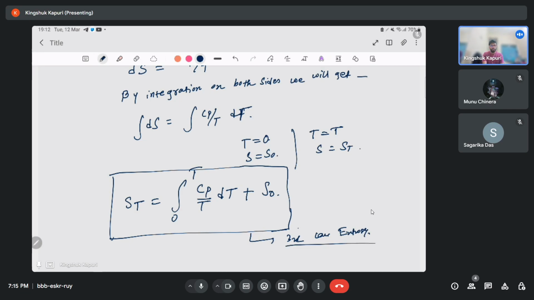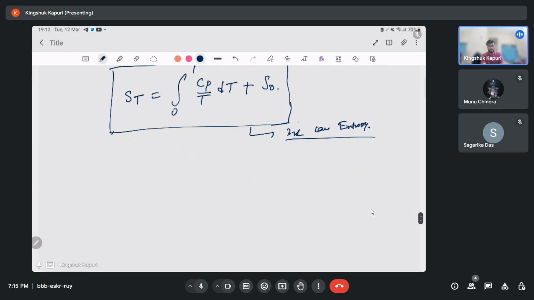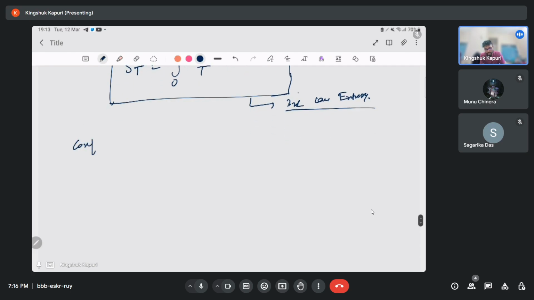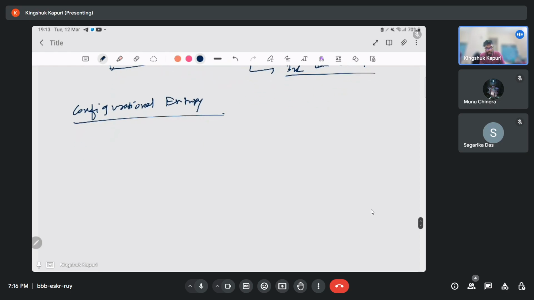These are very simple equations that we can calculate. Now we will do the procedure for calculating the configurational entropy. What is configurational entropy? It is also a very simple term, and I will try to make you understand in simple form. Let's say there are 9 balls.